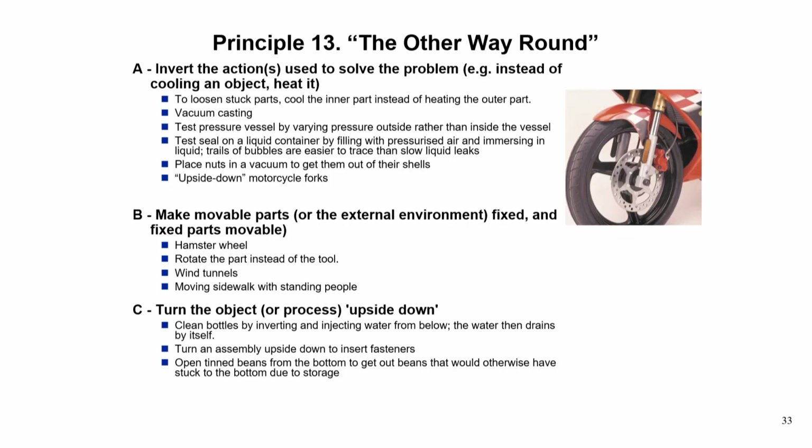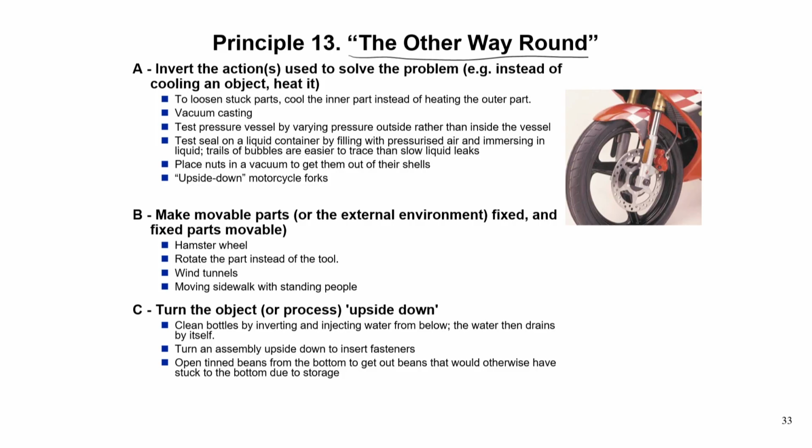Now, we come to a principle which is very much used in terms of solving a design problem when you cannot do it through a forward manner. We call this principle the principle of the other way round. And what it simply means, there are three connotations of course.